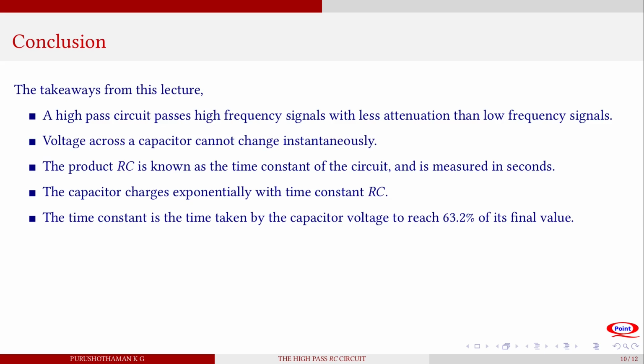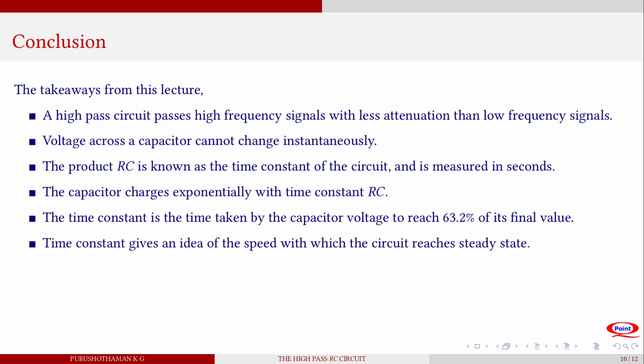For the capacitor to get fully charged, it requires 5 time constants. So don't think that the time constant is the time required for the capacitor to get fully charged. It is not so. Time constant gives an idea of the speed with which the circuit reaches steady state.